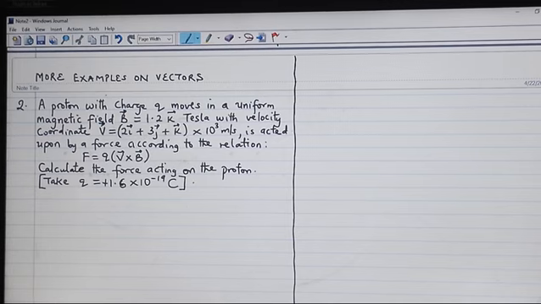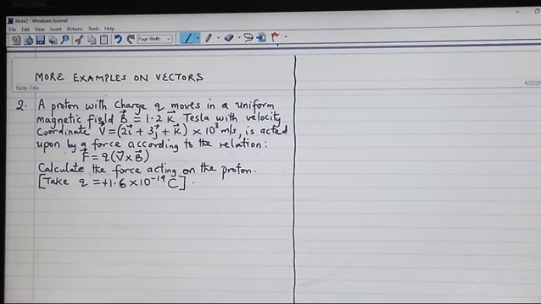It's acted upon by a force according to the relation F equal to Q in bracket V cross B. Calculate the force acting on this proton.